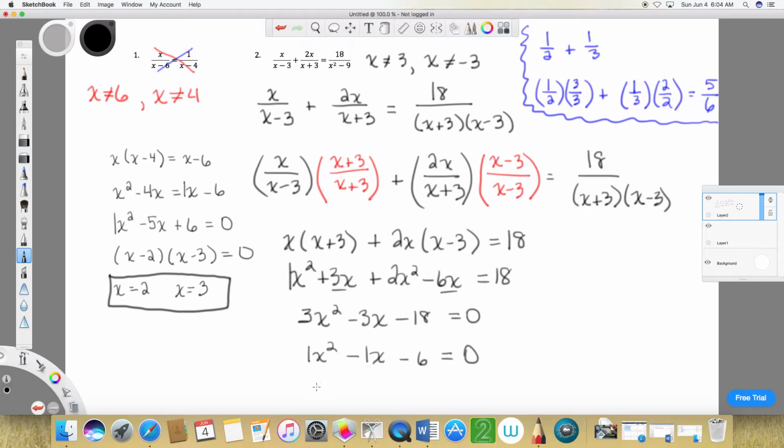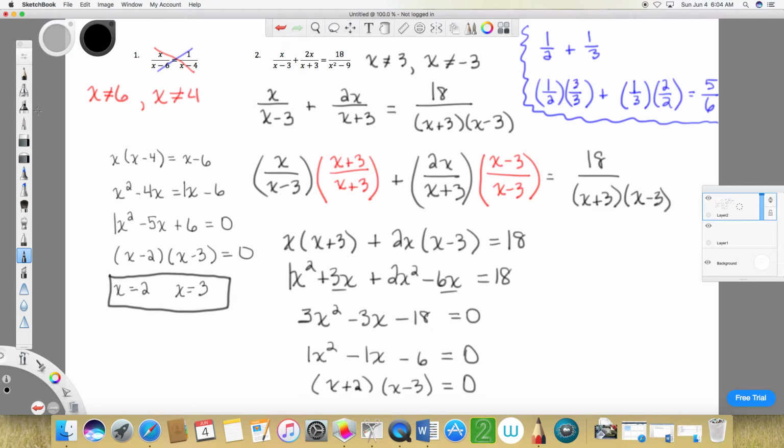And we can easily factor this, especially when the leading coefficient is 1. It's easy to see whether you can factor it or not. Two numbers that multiply together to give us negative 6, but add together to give us a negative 1 are x plus 2 times x minus 3.